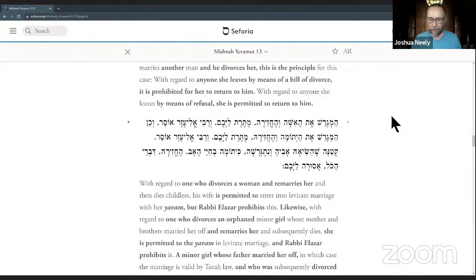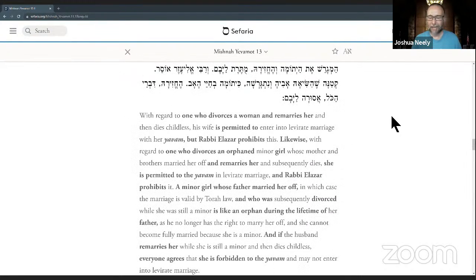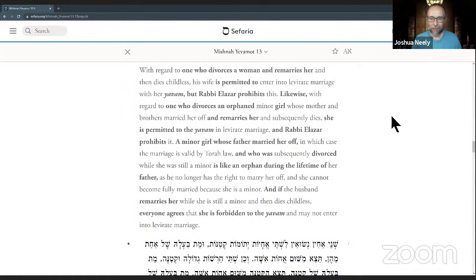Okay, now we get back into levirate marriage, into Yevamot. So we are in Mishnah number 6. With regard to one who divorces a woman and remarries her and then dies childless, that's our standard case for all of this Masechet, his wife is permitted to enter into levirate marriage with her Yavam, the brother-in-law.